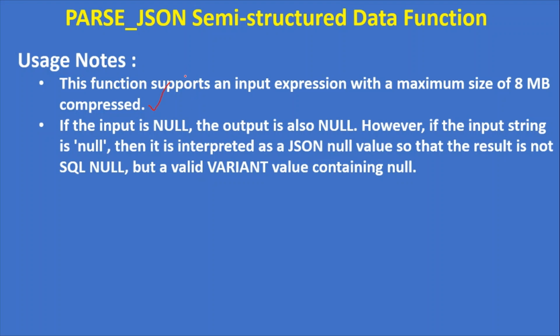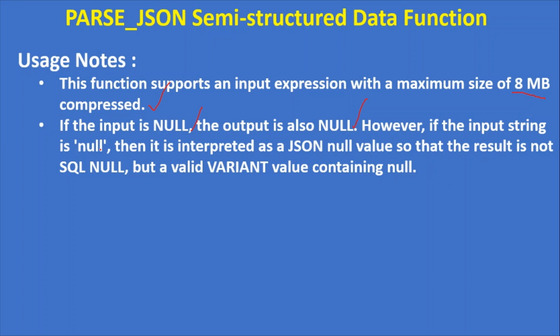So when you provide the string to PARSE_JSON as the input expression, the maximum size is 8 MB compressed. And the second note: if the input is null, the output is also null. Please note that if you provide the input as a null, then the output would also be null.